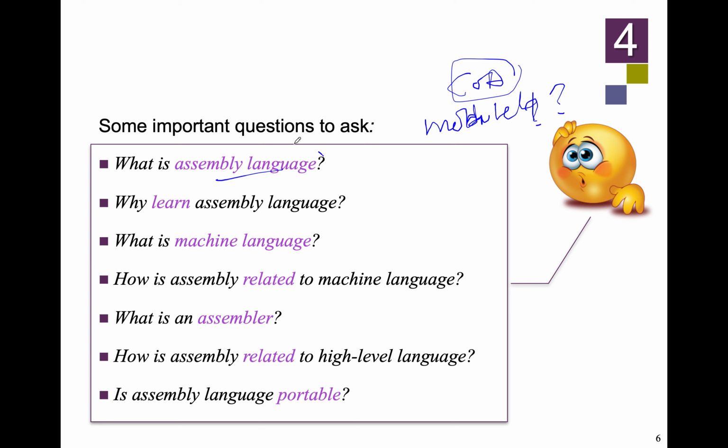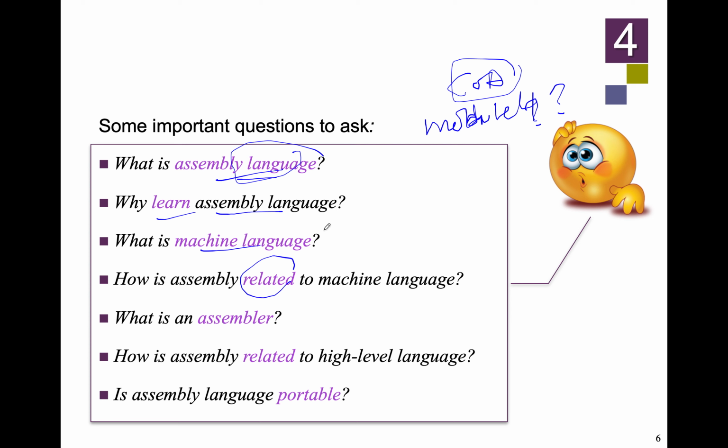So what is basically assembly language? Why do you need to learn assembly language? And what is the difference between machine language and also assembly language? Is it similar? Is it different? So what is the relation between assembly and also machine language?